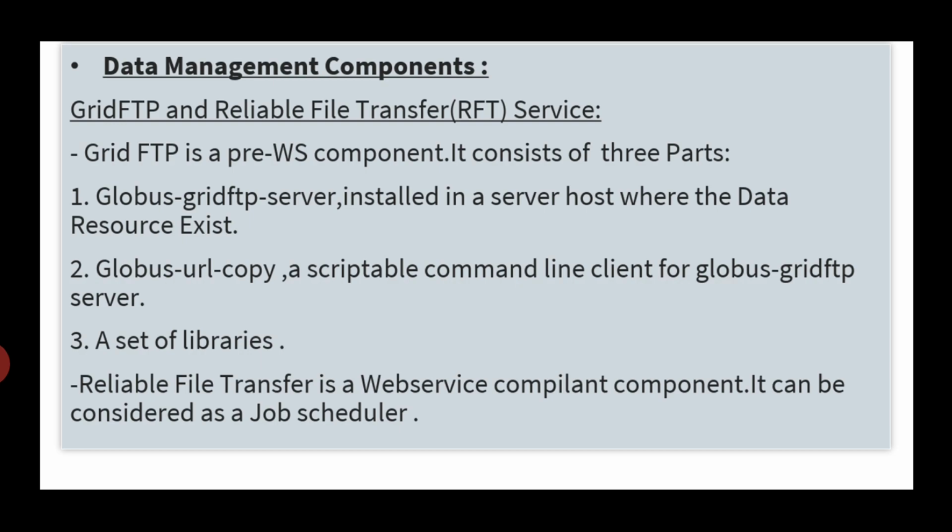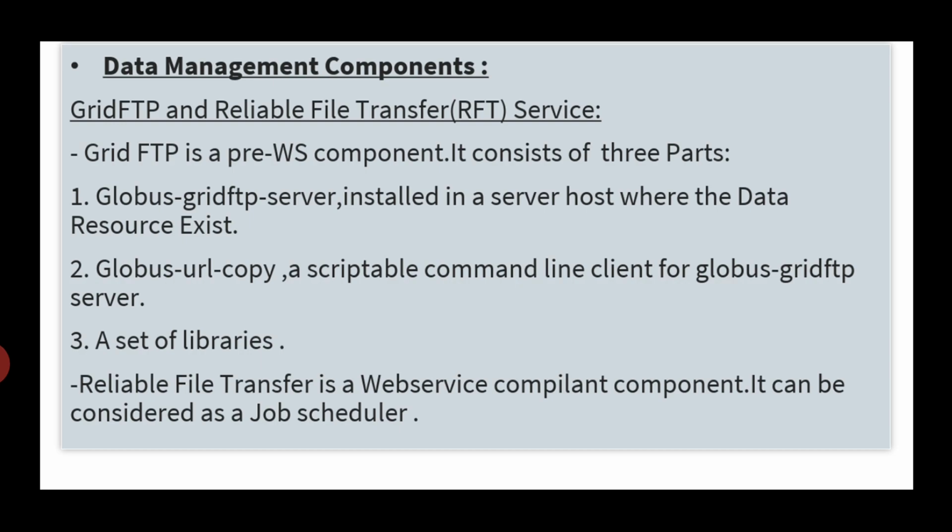Coming to the second point, Globus URL copy, a scriptable command line client for the Globus Grid FTP server. And the third one is a set of libraries, which we use with the Globus Grid FTP server interface.